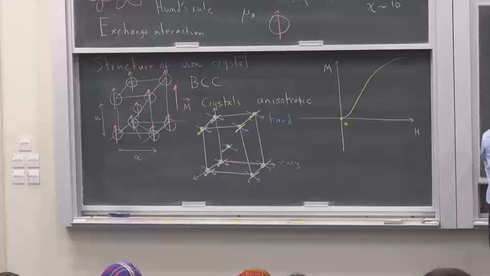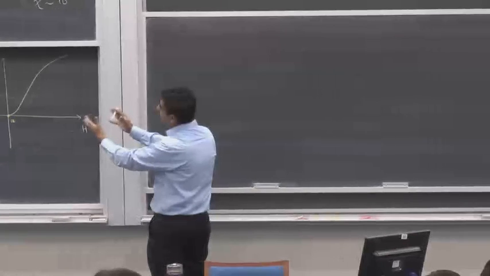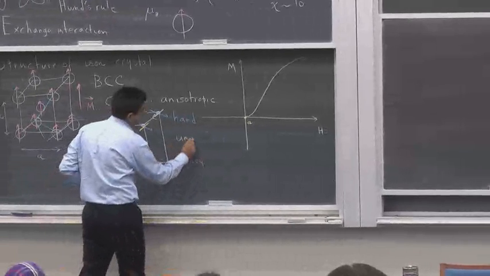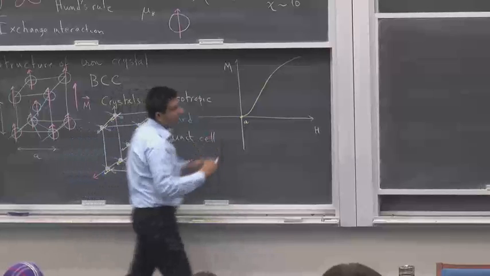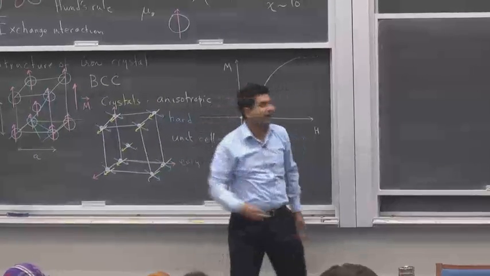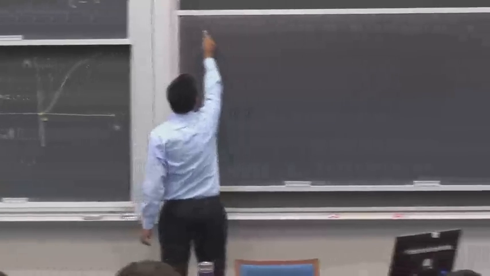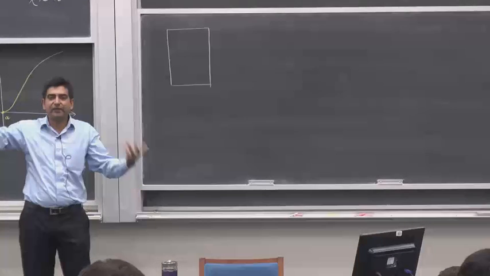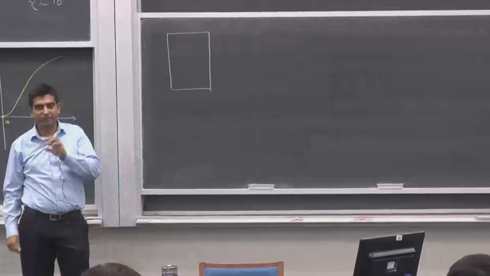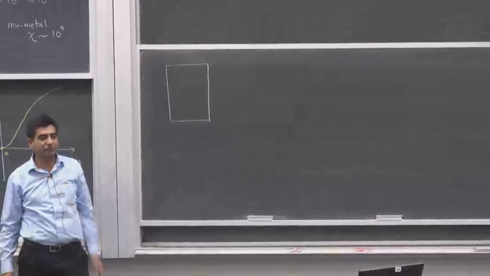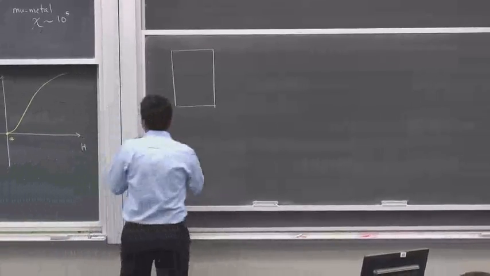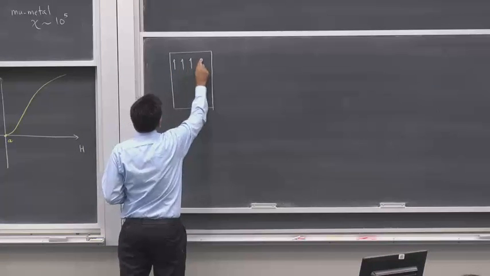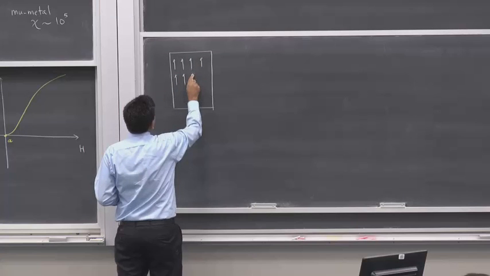Now let's look at a piece of iron. I'm not talking about a single cube inside the crystal structure, which is called a unit cell. This is a unit cell of iron. What I'm going to talk about is a big crystal of iron, a single crystal in which all the planes are parallel to one another. If I draw the magnetic moments of individual iron atoms, they are all aligned because of the exchange interaction.